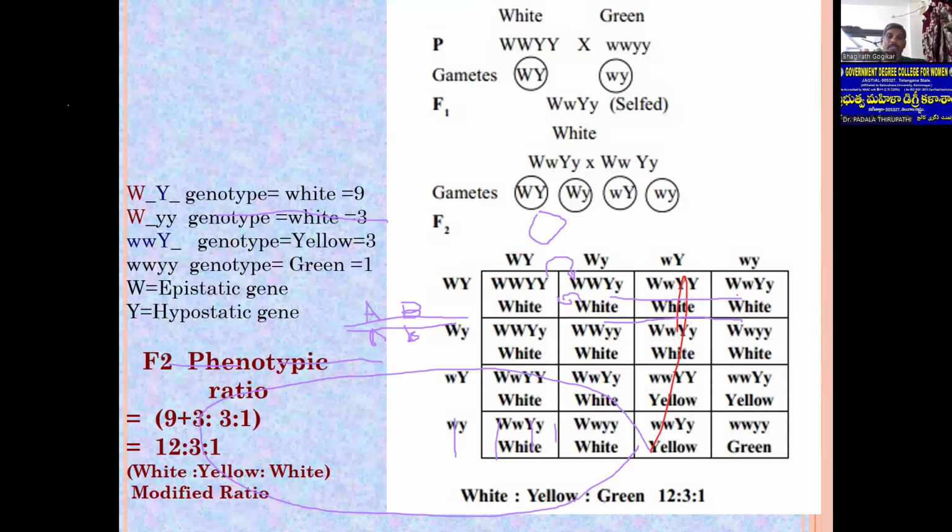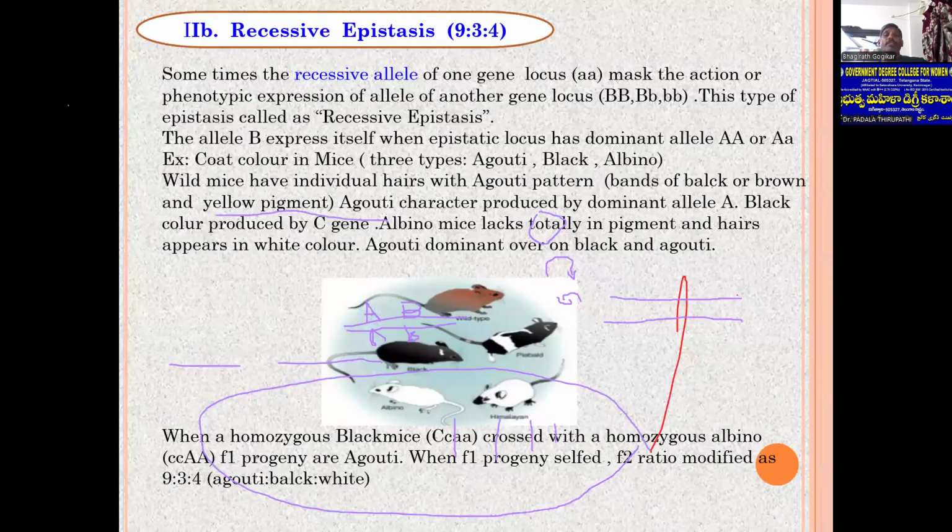Dominant epistasis. Another example in the epistasis phenomena is the recessive epistasis. A good example for recessive epistasis is coat color in mice. A recessive gene present on the chromosome masks the action of another allele of another gene, which is present on the different locus.